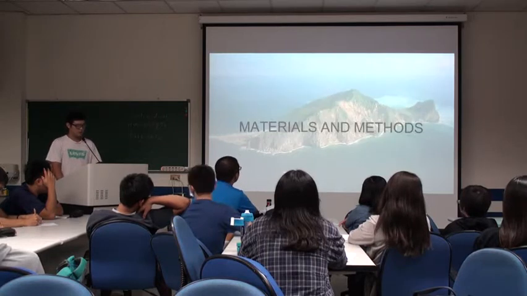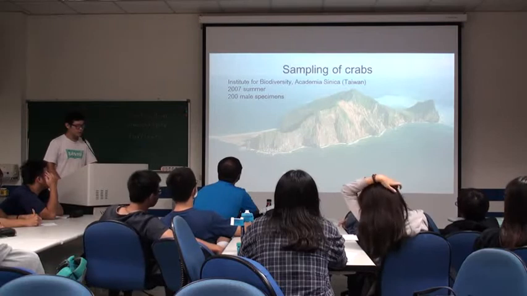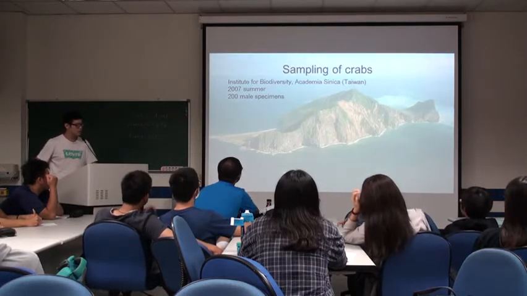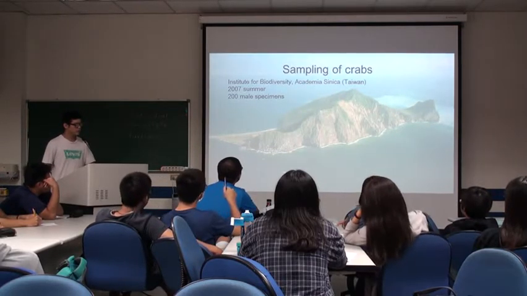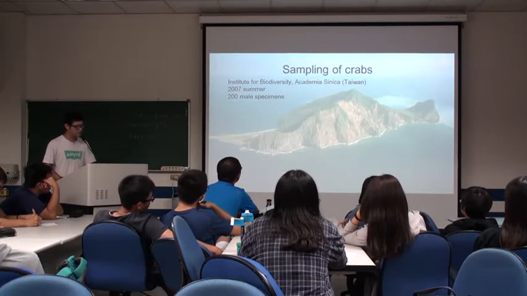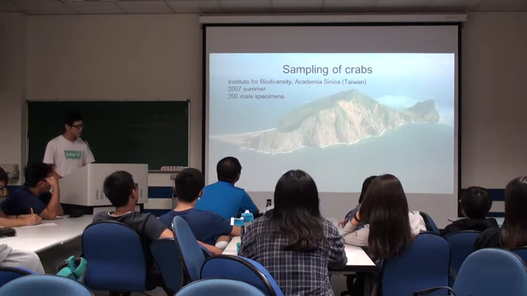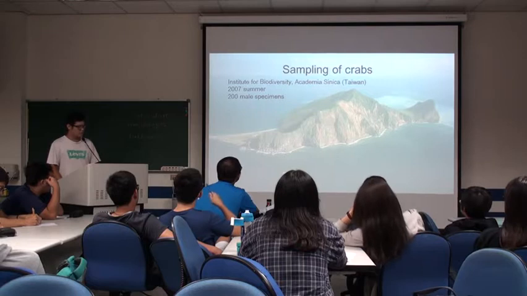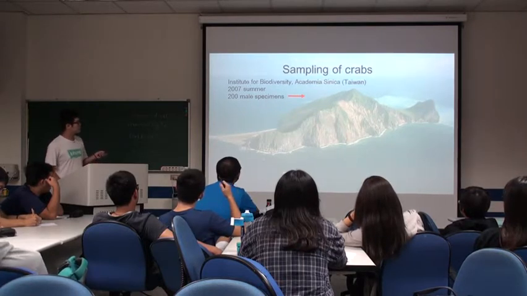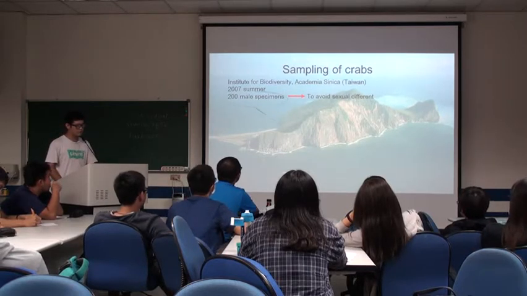The material and method. The Institute for Biodiversity, Academia Sinica, in Chinese 中研院. In summer 2007, they caught 200 male specimens. Why did we catch only male specimens? Because we want to avoid sexual difference.